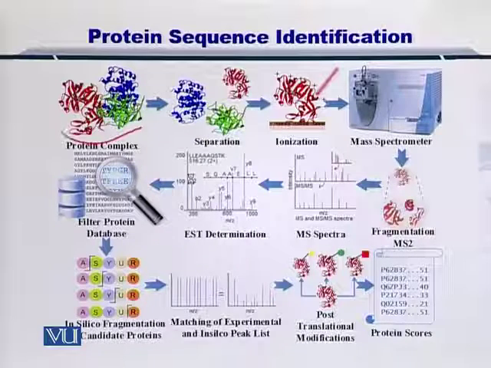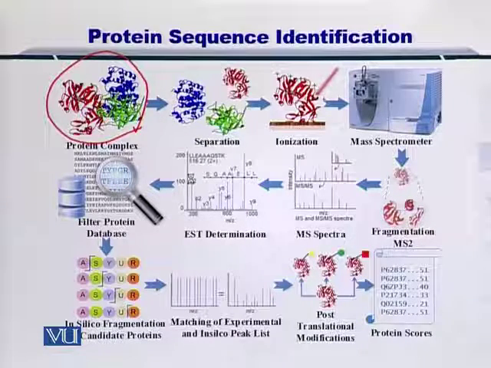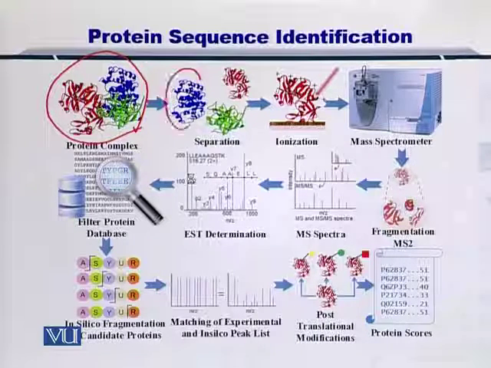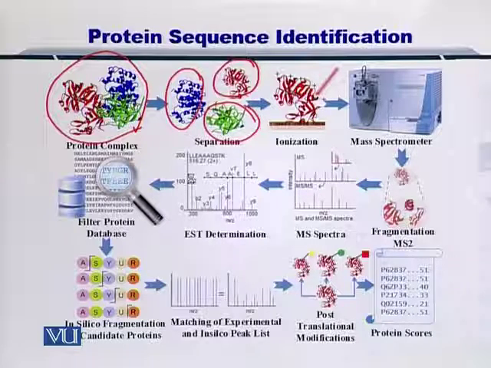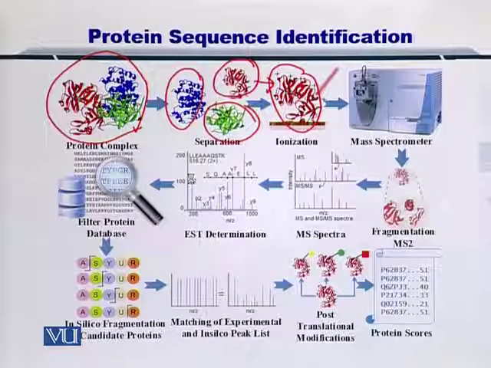Here in the first step, you have the entire protein mix. There may be more than one protein in the sample, and therefore you need to separate them into the individual proteins. In this case, it is shown here that the proteins have been separated, and then you select one single protein for onward analysis.